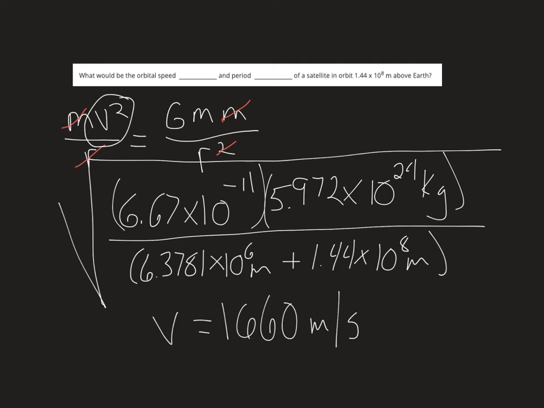Then the second question is, what is the period? Remember, period is how long it takes to do a complete orbit of the Earth. In one of our first videos, we learned how period was related to the tangential speed.